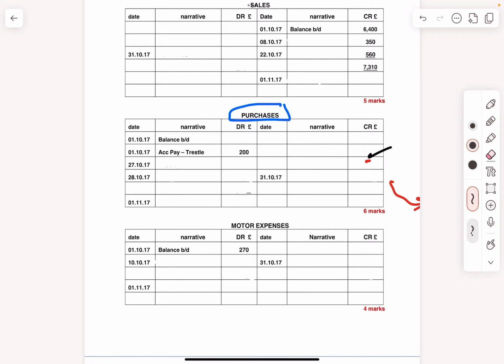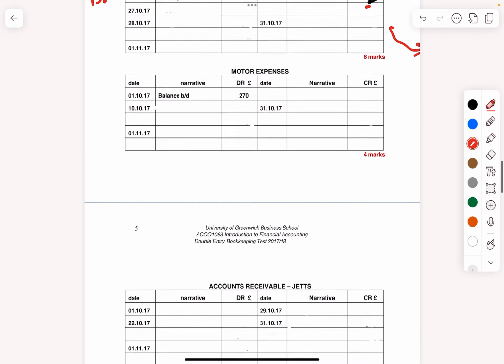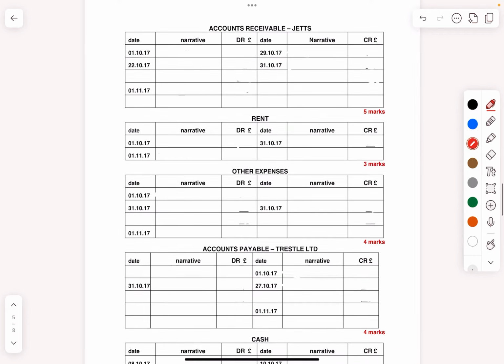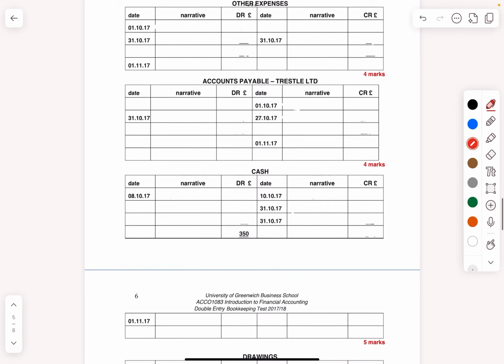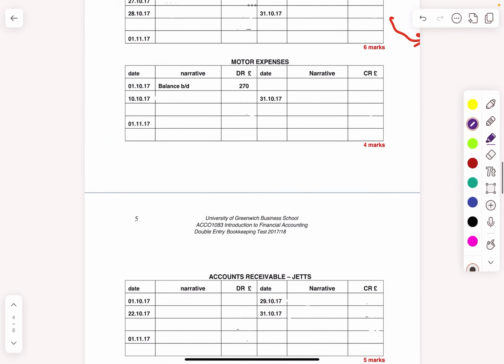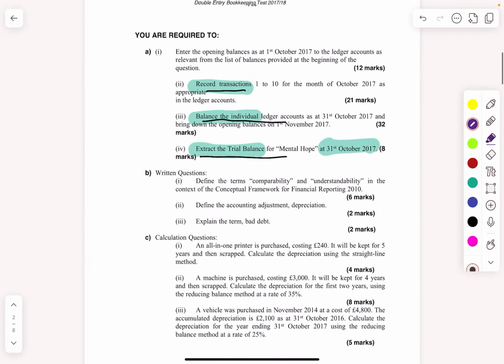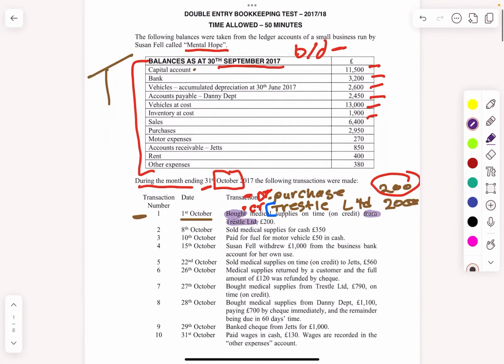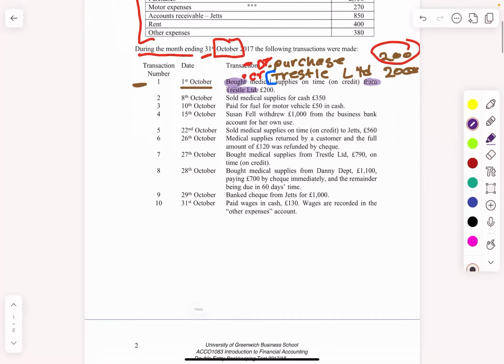Next we're gonna go to Treasure, and we're gonna credit. Since we debit here, we have to credit somewhere else. We open Treasure already, and we're gonna add 200 here. Now we have debit and credit. Next we're gonna go to the second transaction. So the first transaction is done.